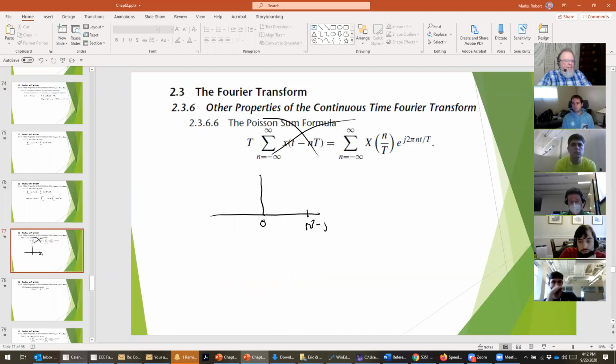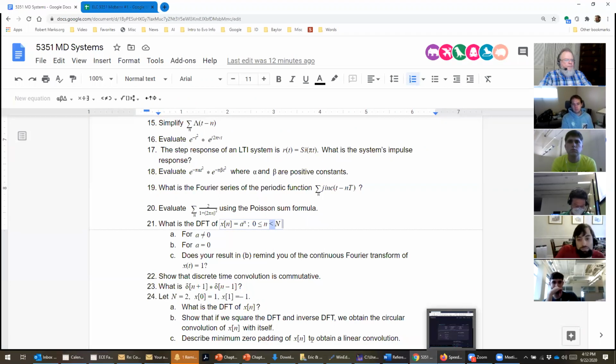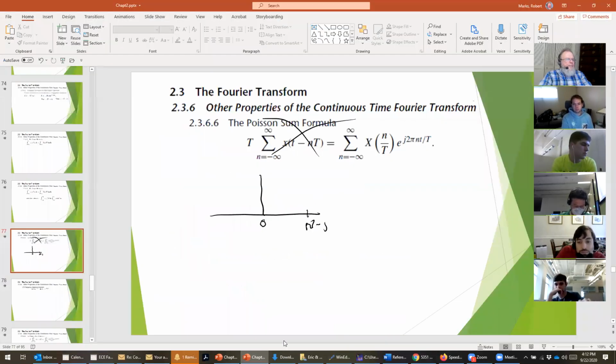Let's see how I stated the problem here. Okay, see, it's a strict less than here, so it only goes up to n minus 1. So I can talk about a sub n here going up to n minus 1.